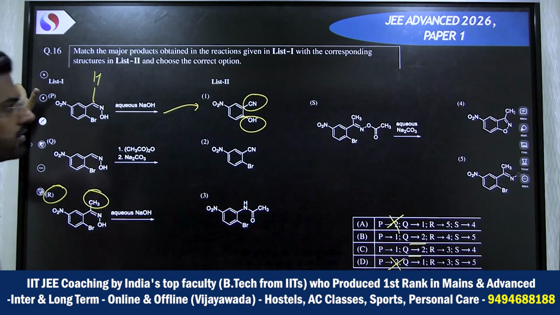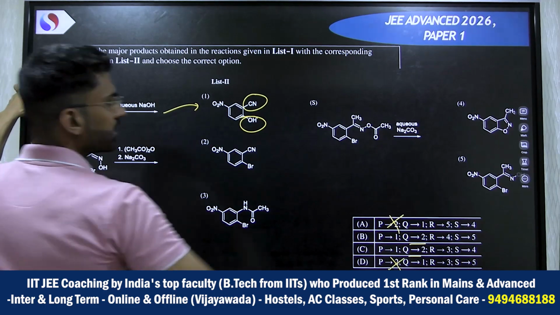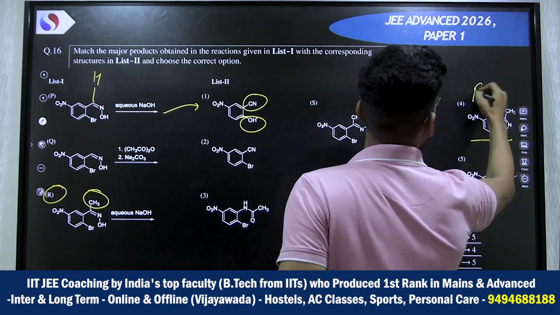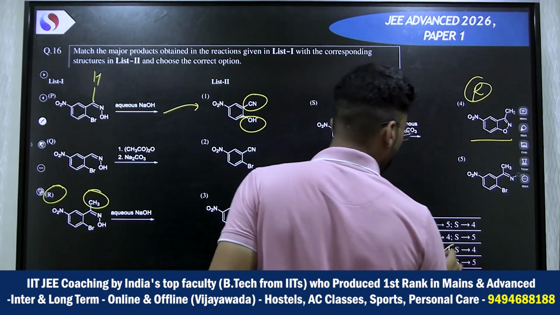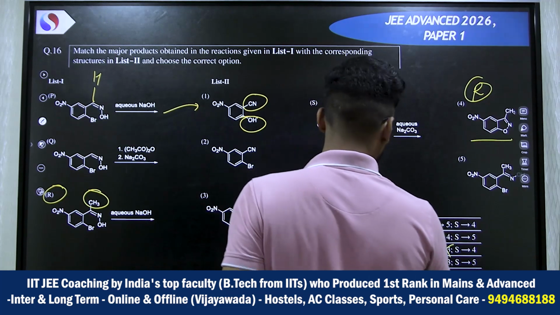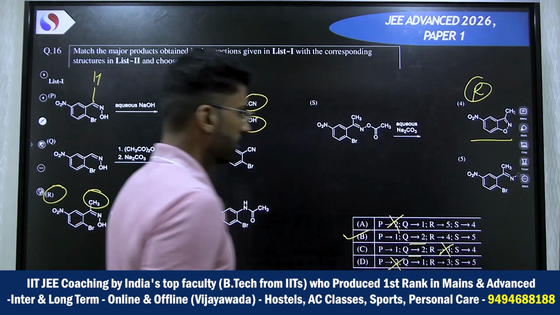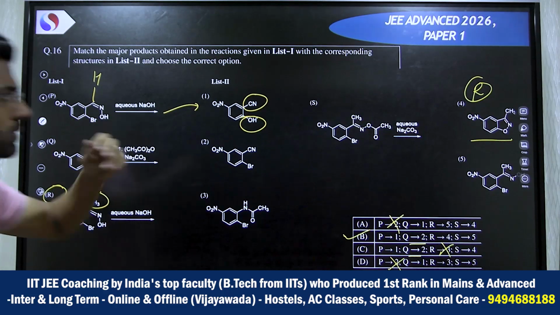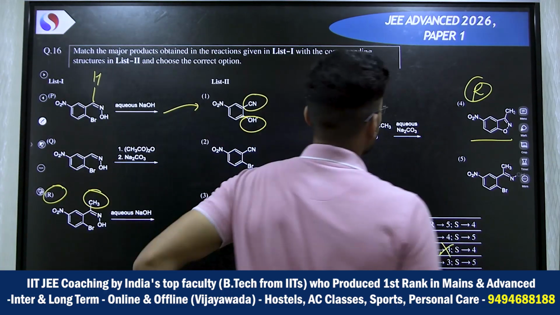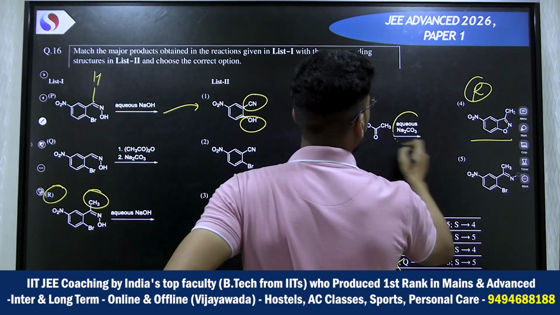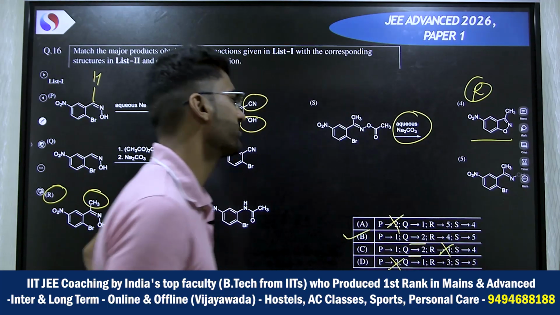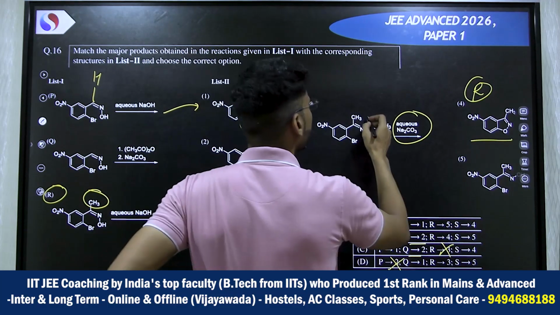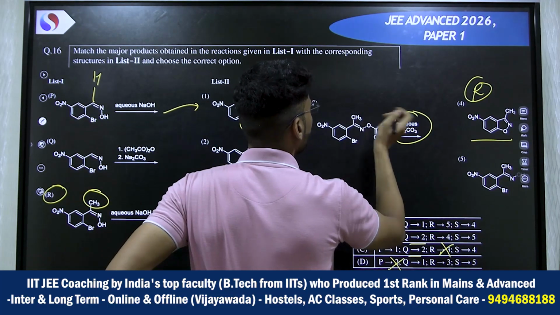You can see. Okay. So for R, this is the product, same as that of P. So R is equal to 4. This is the wrong answer. So option B is the correct one. You can check for S also. I know that in the presence of aqueous base, it will break down like this.